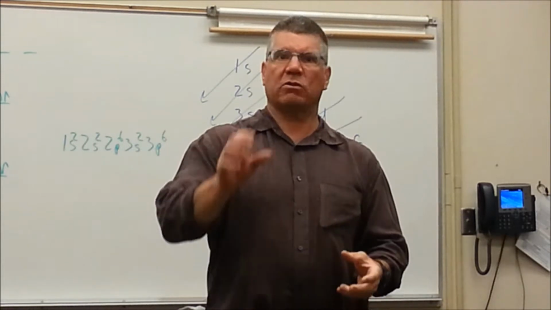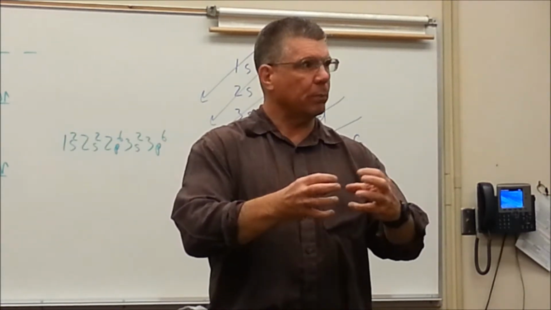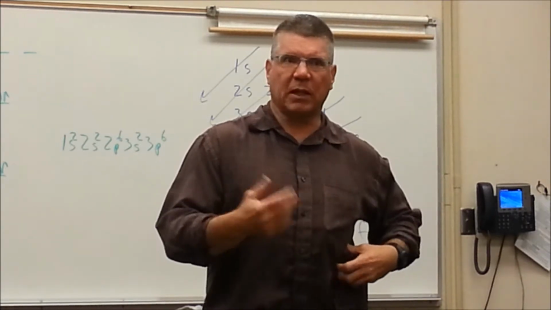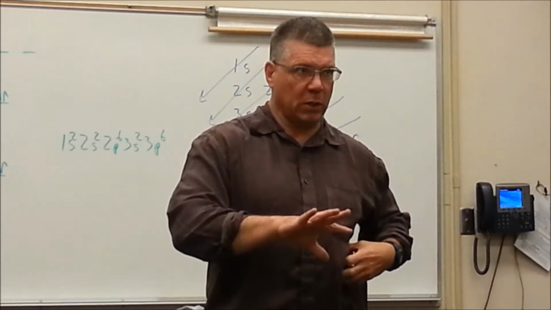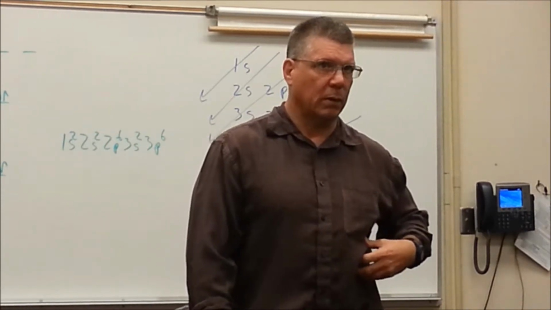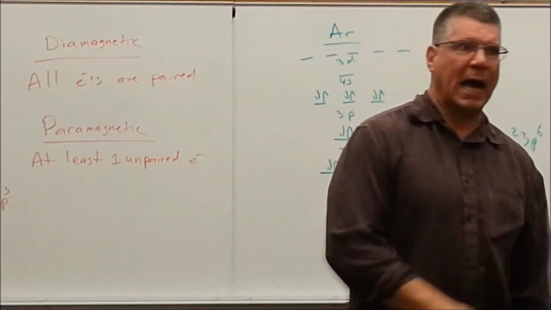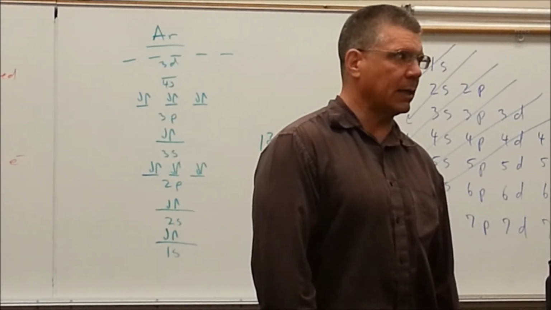And when you take liquid oxygen and pour it between the poles of a strong magnet, you can see it's held there, held between the magnet. If you take something that's diamagnetic and pour it between the poles of the magnet, it just goes straight through. So know what paramagnetic and diamagnetic mean, and know how to predict if an atom is paramagnetic or diamagnetic based on its electron configuration.